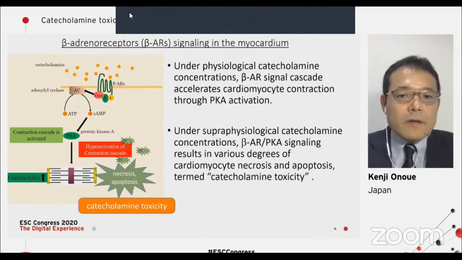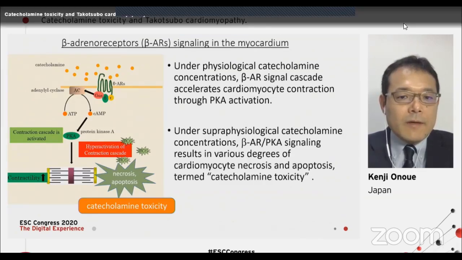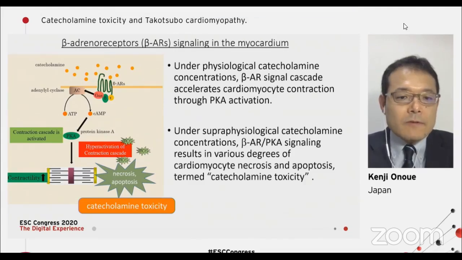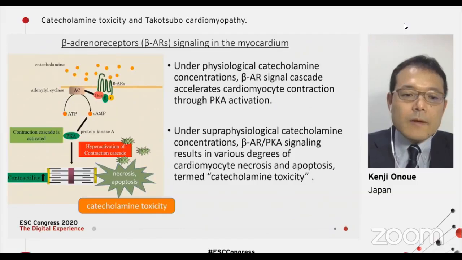Under physiological catecholamine concentrations, the beta-AR signal cascade accelerates cardiomyocyte contraction through PKA activation. However, under supraphysiological catecholamine concentrations, beta-AR PKA signaling results in various degrees of cardiomyocyte necrosis and apoptosis, termed catecholamine toxicity.